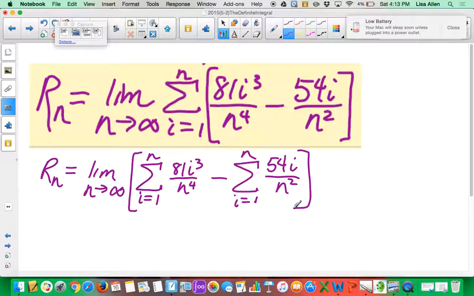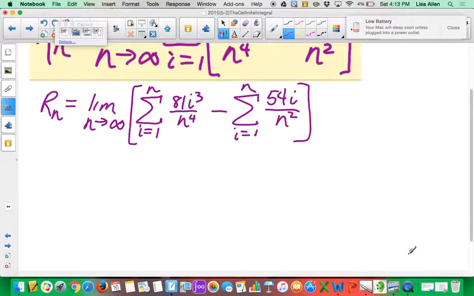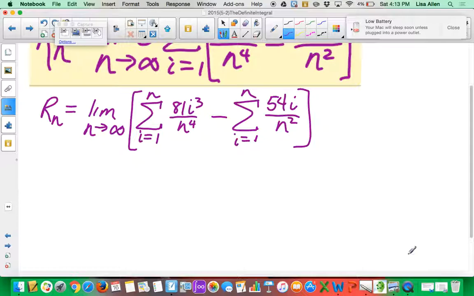And I'm still taking the limit, but what I'm going to do is pass the constants out in front of the summations.